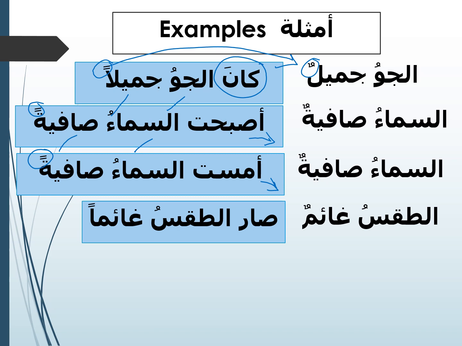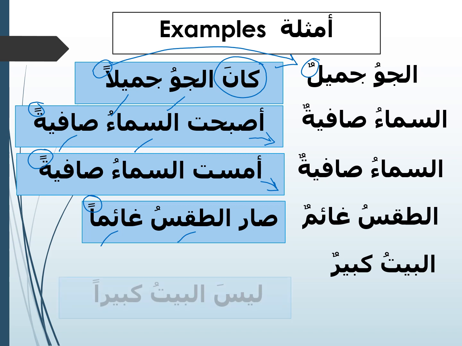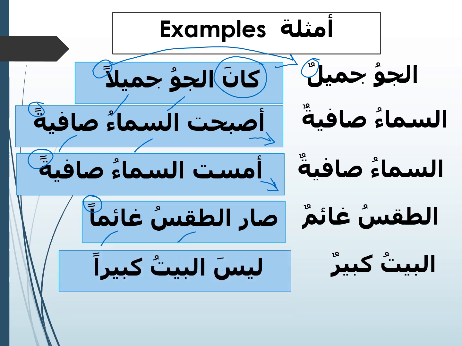The weather became غائما. اسم صار خبر صار. البيت كبير. The house is big. ليس البيت كبيرا. The house is not big. Remember ليس? To negate nominal sentence, we use ليس. So here we say the house is not big, is not كبيرا.